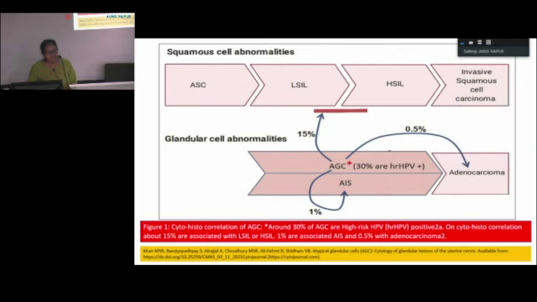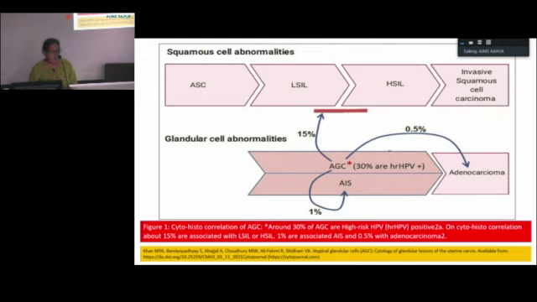Amongst squamous cell abnormalities, the important diagnostic categories are atypical squamous cells, LSIL, HSIL, and squamous cell carcinoma. In the glandular cell abnormalities, the major diagnostic categories are atypical glandular cells, adenocarcinoma in situ, and adenocarcinoma.